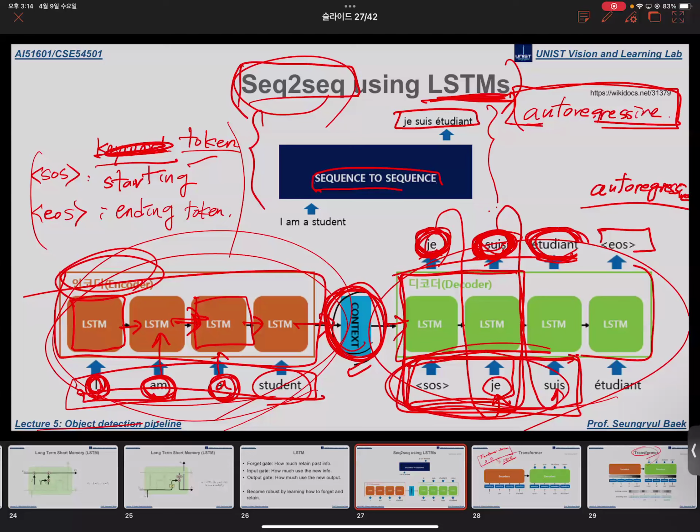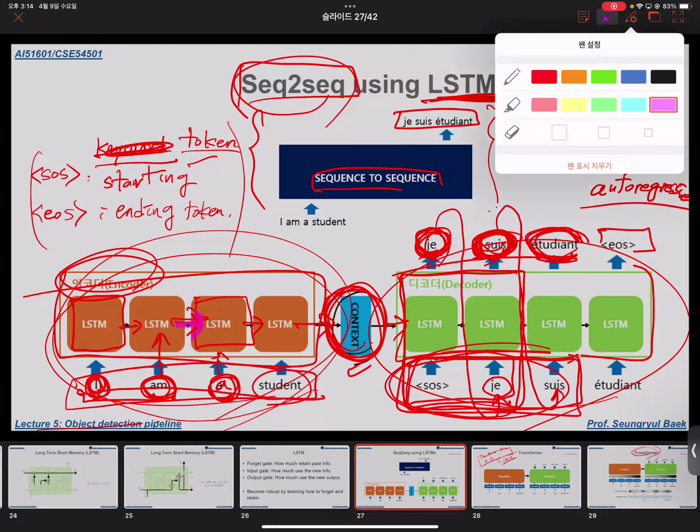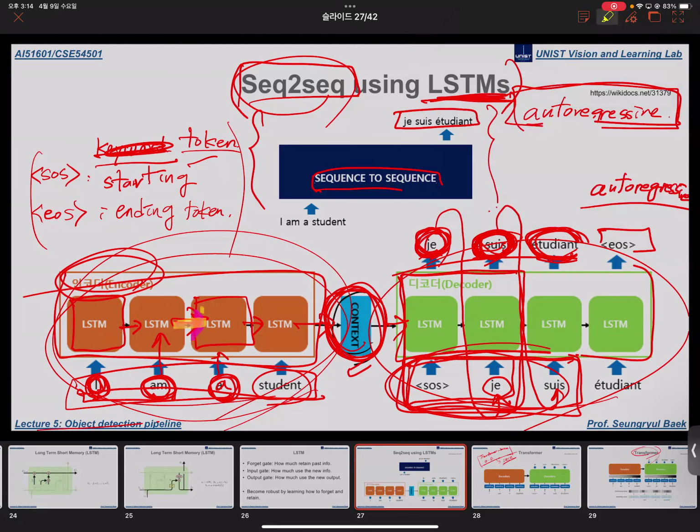As I told you, when getting output here, you have to calculate this first, and when calculating this, you have to get this intermediate output first.